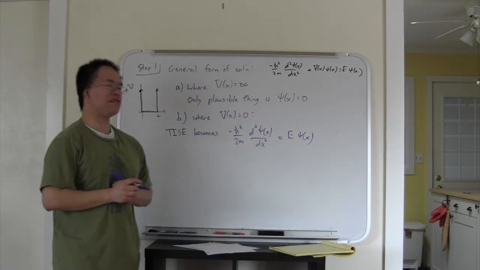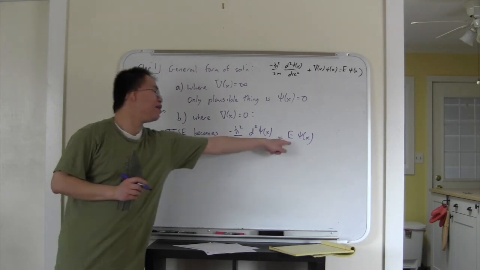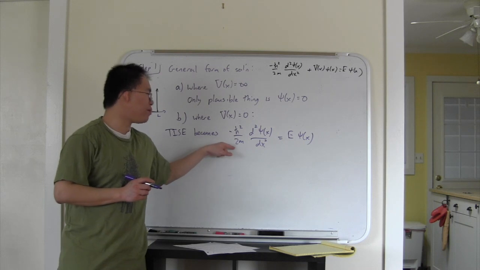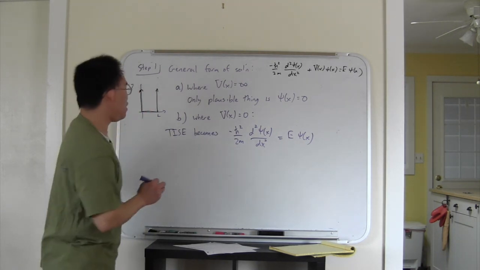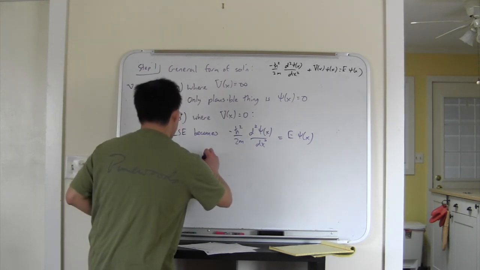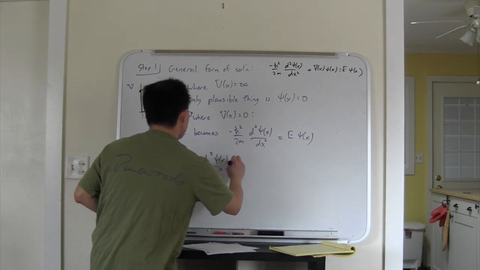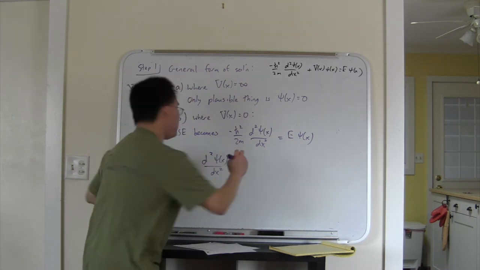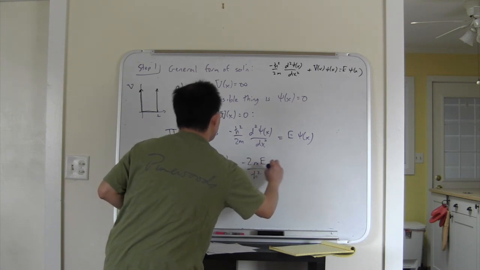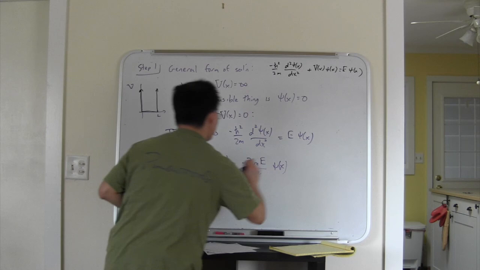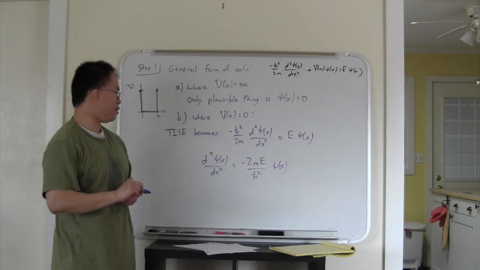Now we can simplify this a little bit. I'm just going to shove all of the constants over to the right hand side. So I'm going to multiply by minus 2m and divide by h bar squared. And that gives me d squared psi dx squared equals minus 2 times m times E over h bar squared psi of x, where this is all a bunch of constants.